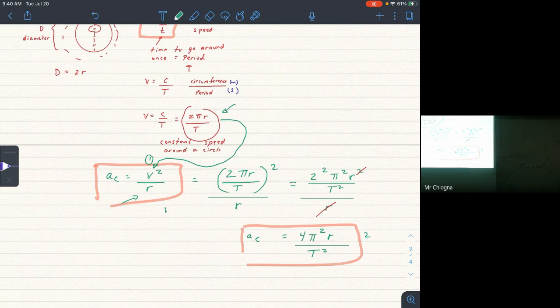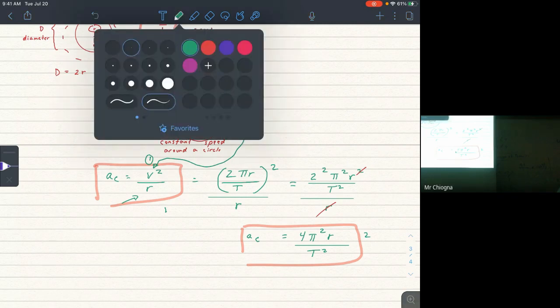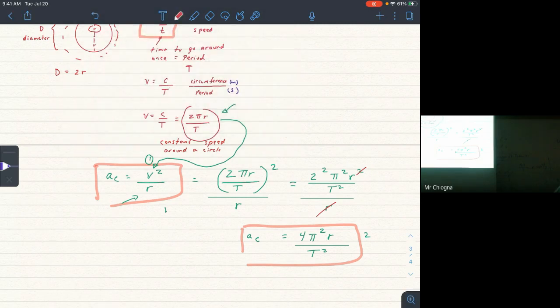What's the period? The time to go around once. Time to start here and go back around to your starting point. That's the period, in seconds, not minutes, not years. You have to convert it to seconds. This is a common mistake.